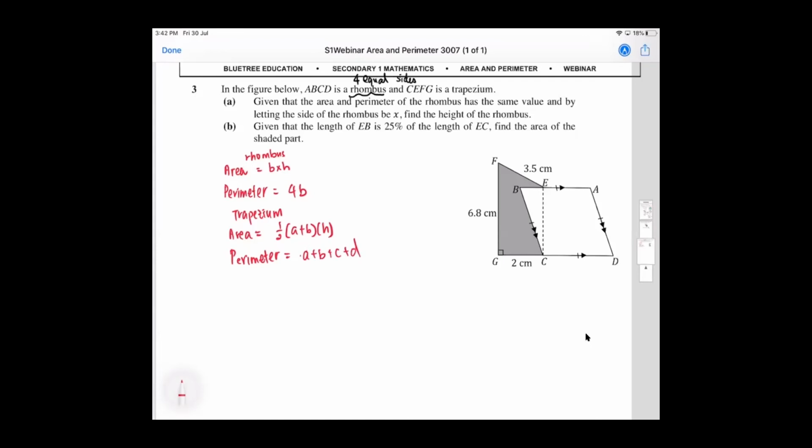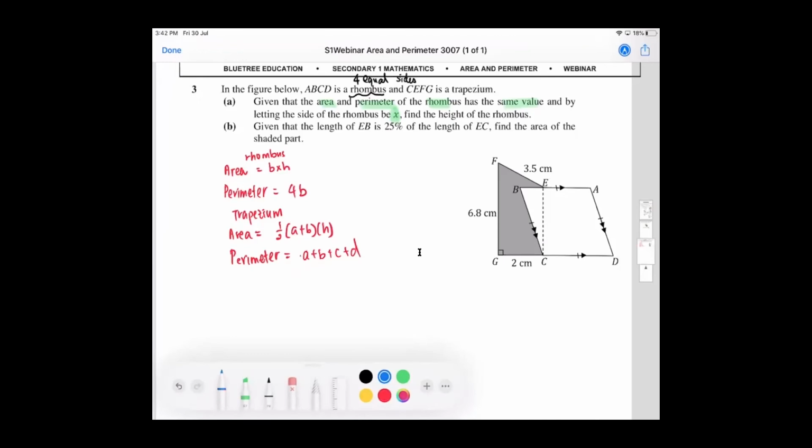Given that the area and perimeter of the rhombus have the same value, and you let one side be x, they have the same value. So the area and perimeter are the same value for the rhombus. One side you let be x.